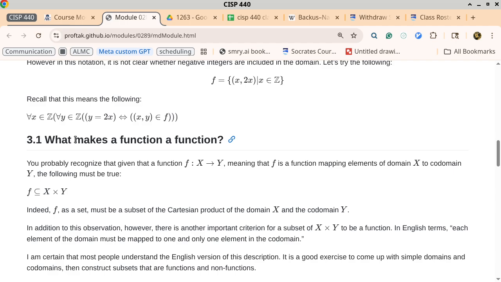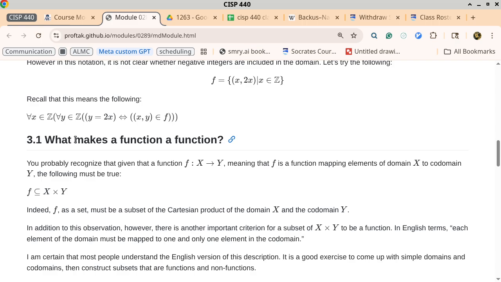Because there are sets, there are functions, and there are also sets that are not functions. That's what I should have said, but this is more catchy. All right. So if you are given that f is a function, x is the domain, y is the codomain, let's assume that is given to you. We know that is the case.